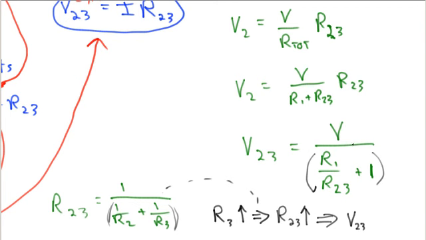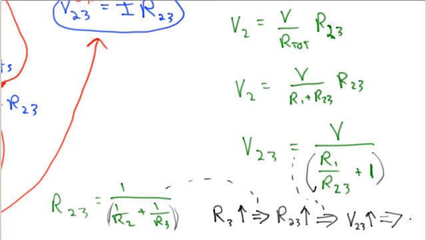It being in the denominator, it makes V23 greater. So V23 goes up, and that's from this equation. If V23 goes up, then V2 goes up.